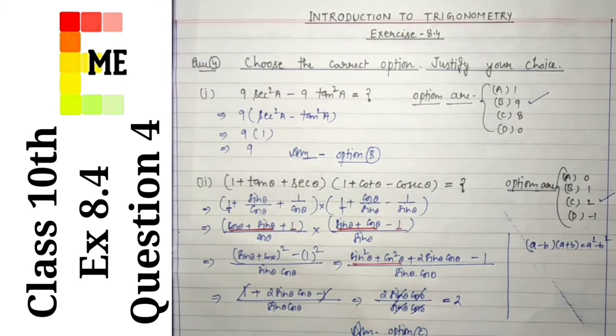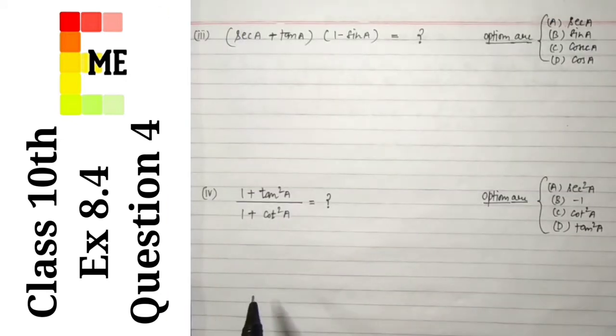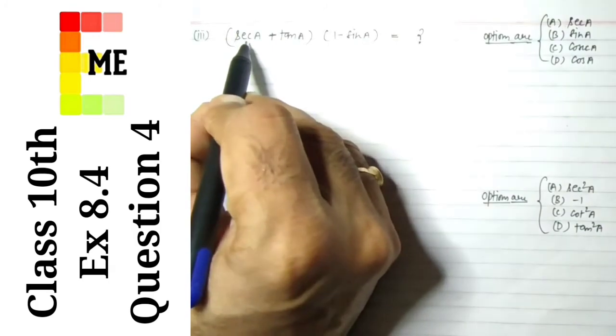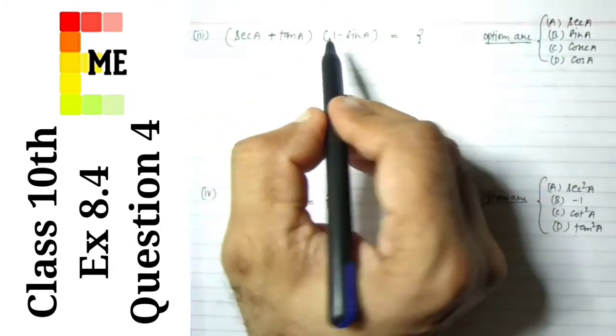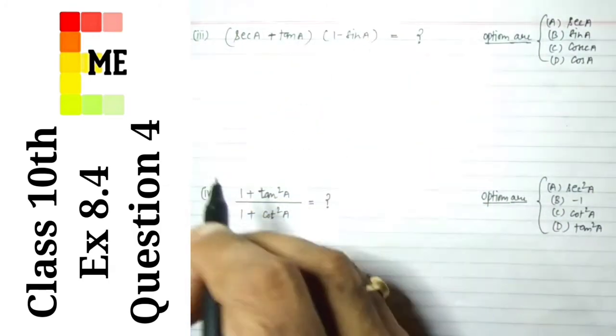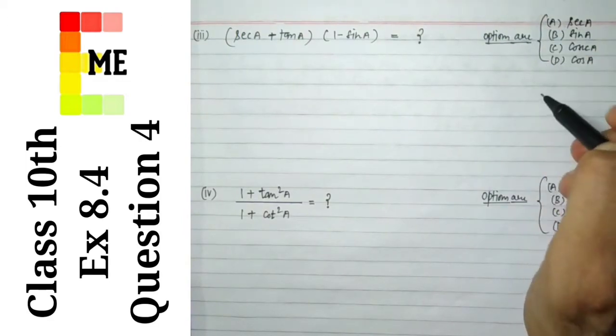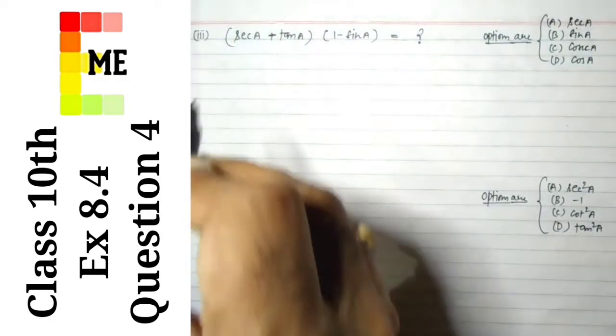In part 3 we have to find sec a plus tan a into 1 minus sin a. The options are given. Let's find out.